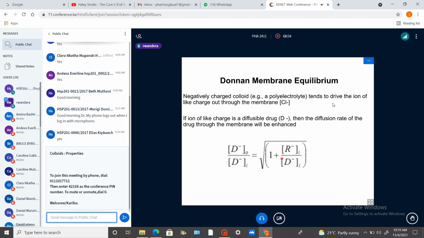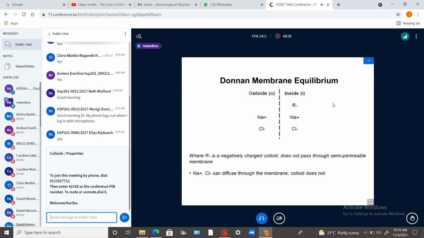So when you have this scenario with your negatively charged colloidal particle and your negatively charged chloride particles, due to the Donnan membrane equilibrium effect, the negatively charged colloid particle will tend to drive the negatively charged chloride particle outside of the membrane.